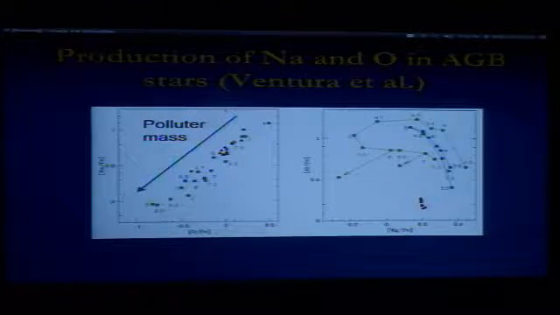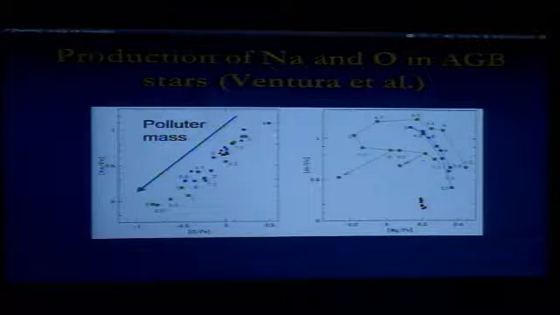This is likely related to the kind of polluters that give the elements that we see, the composition that we see. For instance, if you consider the model of intermediate mass AGB stars, the production of oxygen and sodium on the whole seems correlated with each other.